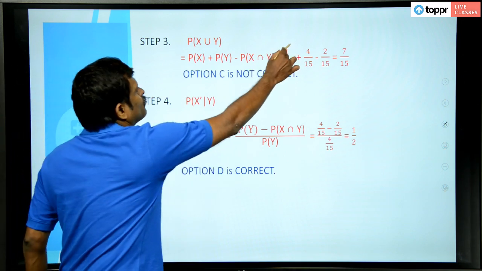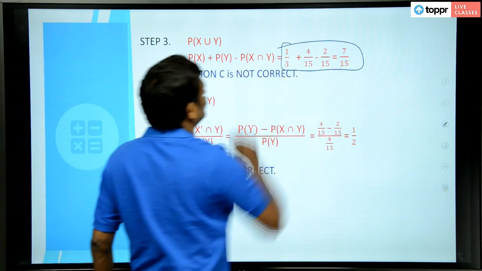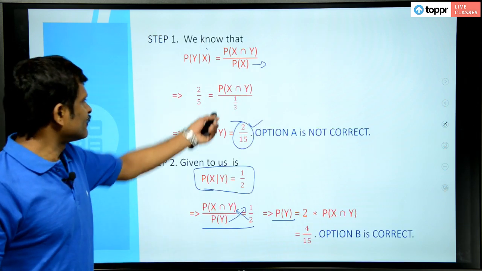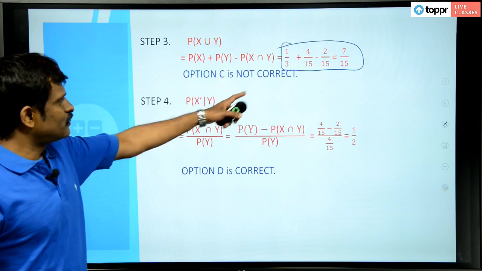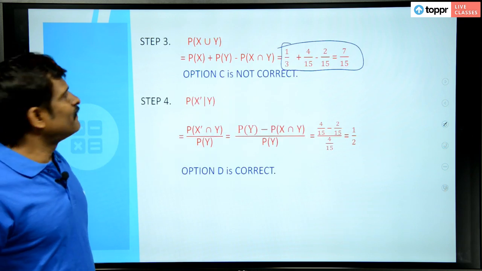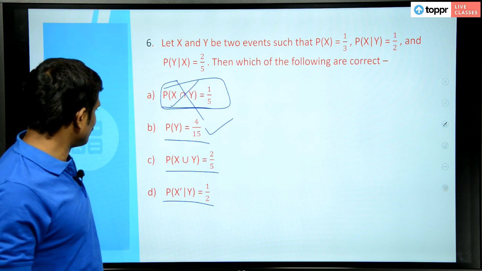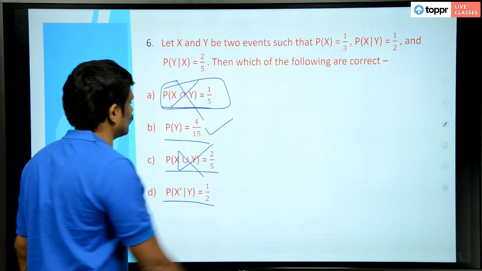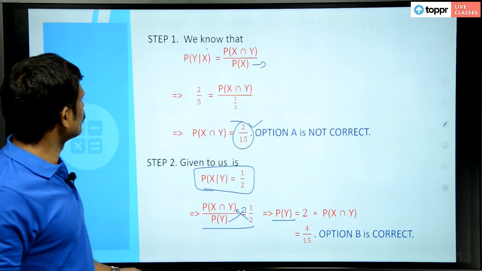You substitute those values because we have all of them already: x is there, y we already found, intersection also we found. You just substitute and get 7 by 15 for x union y, but here it is 2 by 5. So this is also a wrong option, right.